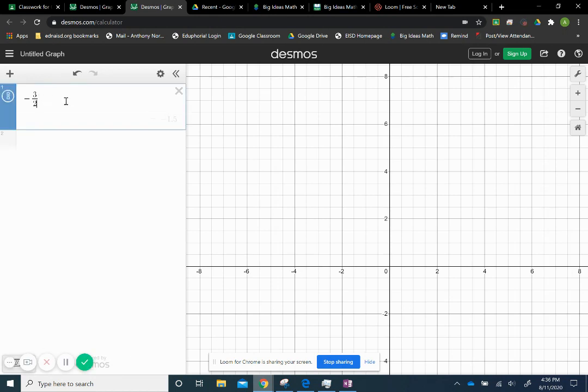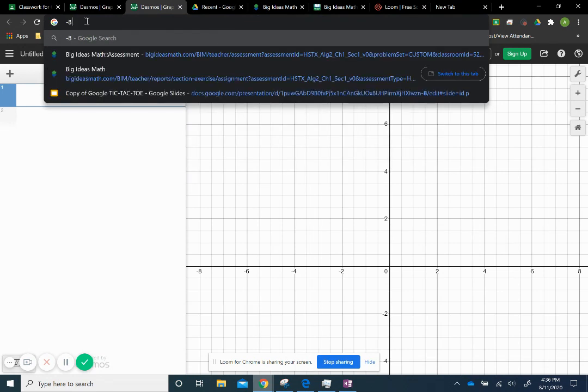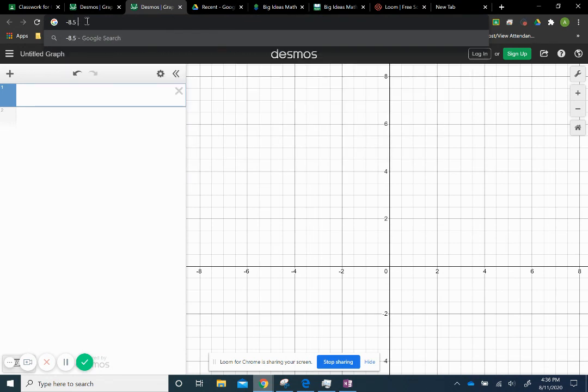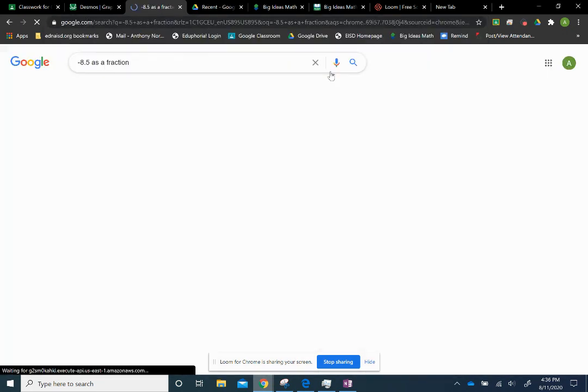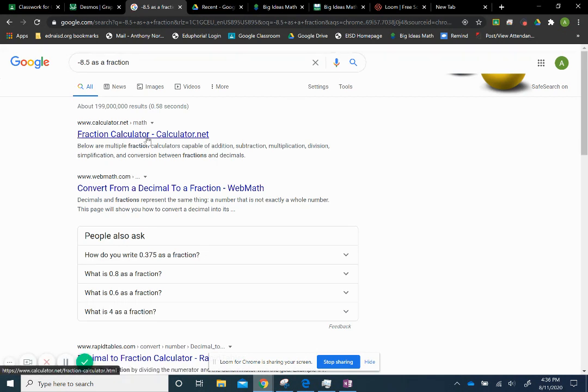Let's make our negative 8.5 a fraction. Let's look at calculator.net.